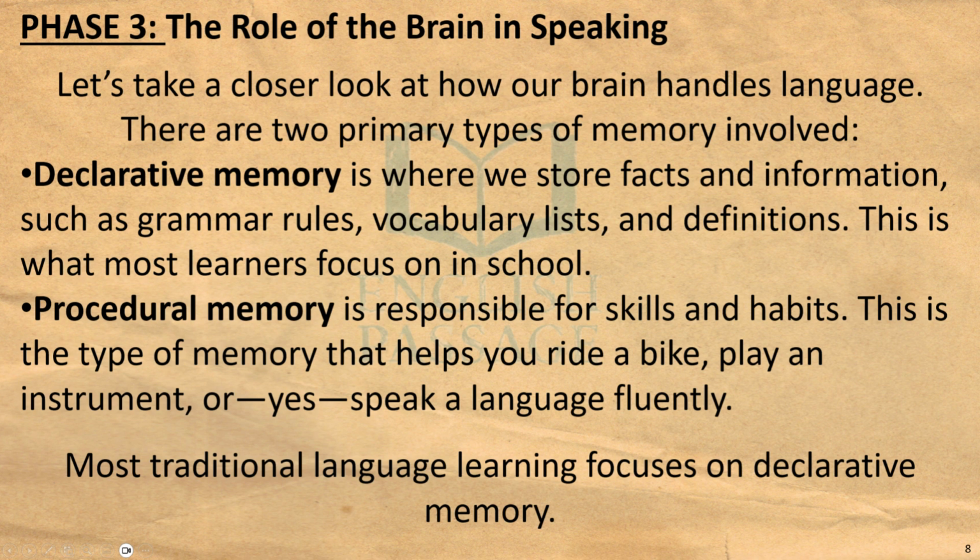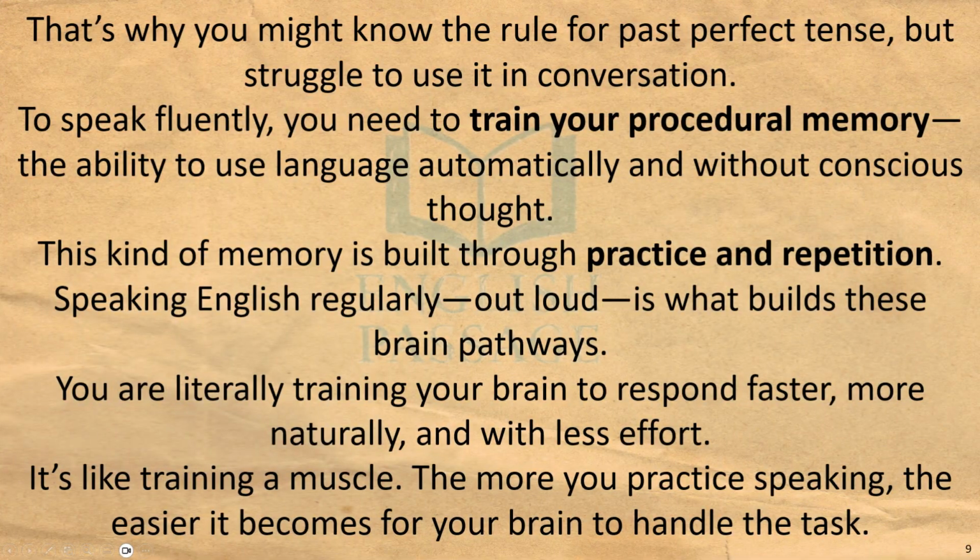Most traditional language learning focuses on declarative memory. That's why you might know the rule for past perfect tense, but struggle to use it in conversation. To speak fluently, you need to train your procedural memory, the ability to use language automatically and without conscious thought. This kind of memory is built through practice and repetition.